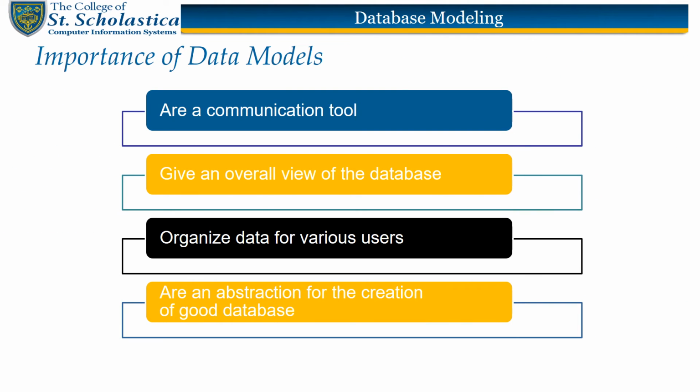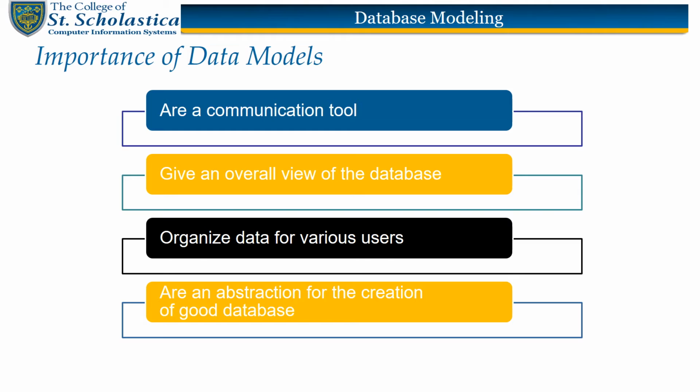Data models can facilitate interaction among the designer, the applications program, and the end user. A well-developed data model can even foster improved understanding of the organization for which the data design is developed. In short, data models are a communication tool that give an overall view of a database. They organize data for various users and are an abstraction for the creation of good databases.